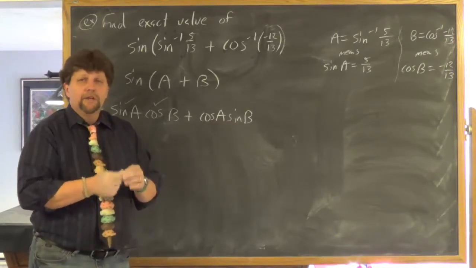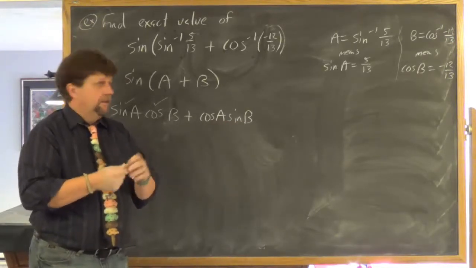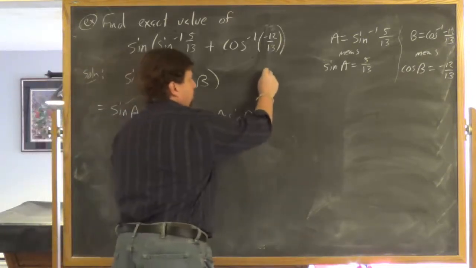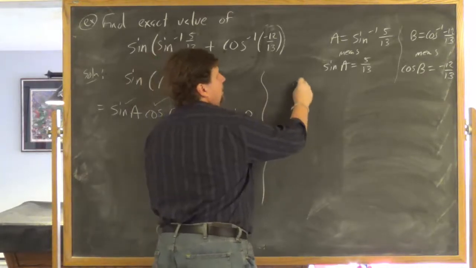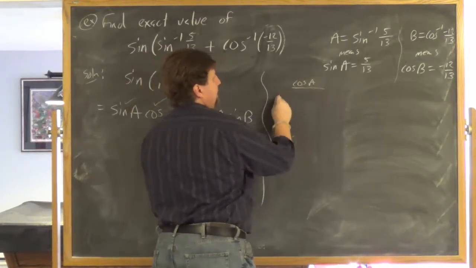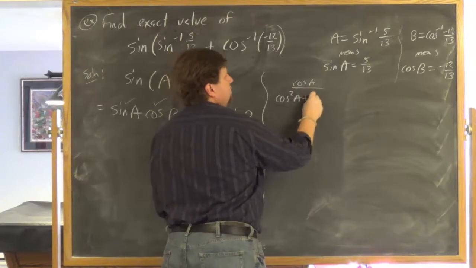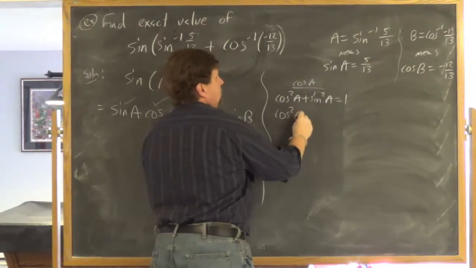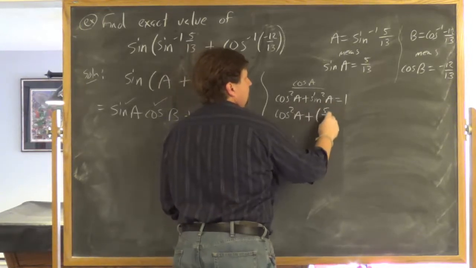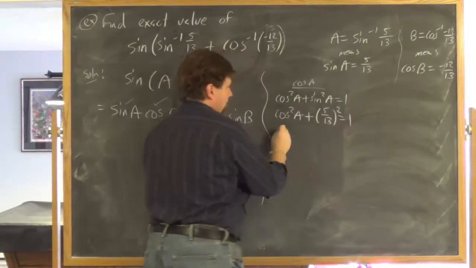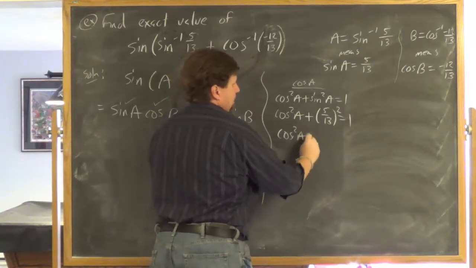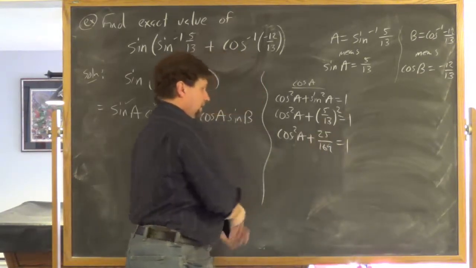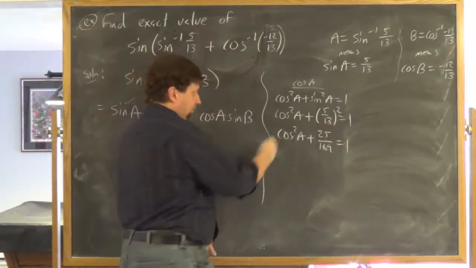And once again, I'm going to use Pythagorean identities to determine the exact value of cosine A and sine B. So let me make a little break here. Let me find the cosine of A in this area. So cosine squared A plus sine squared A is 1. Cosine squared A plus 5/13 squared is 1. 5/13 squared is 25 over 169.